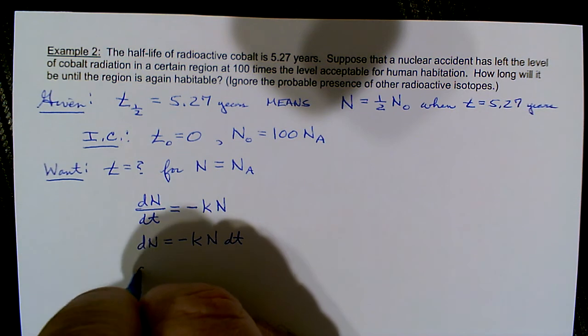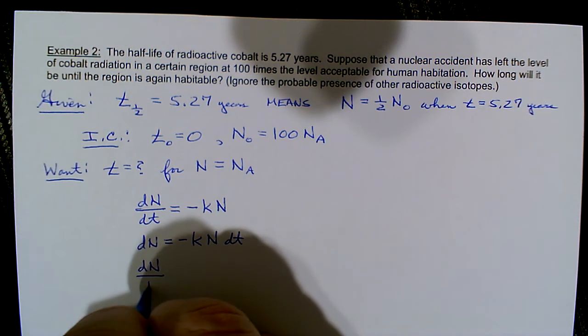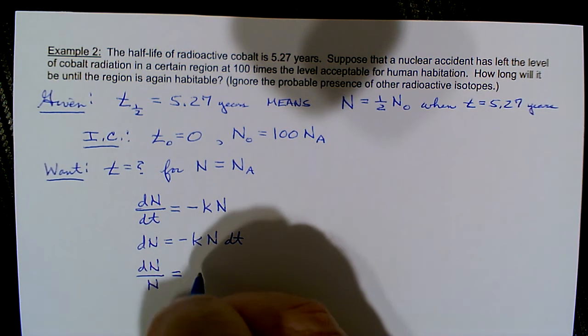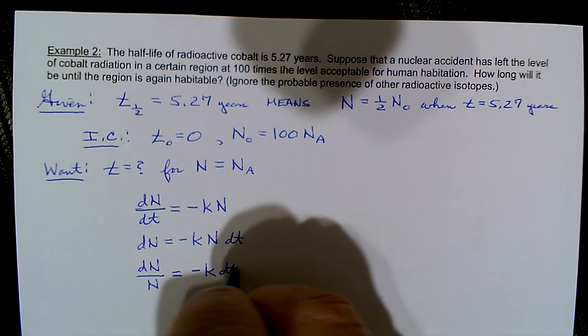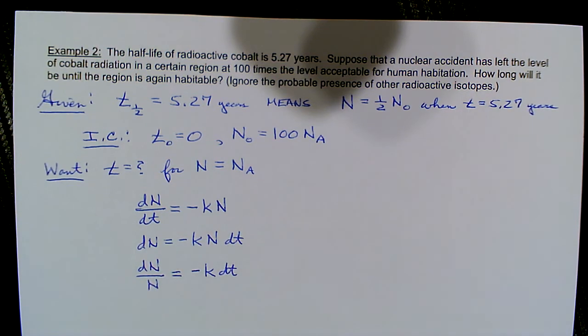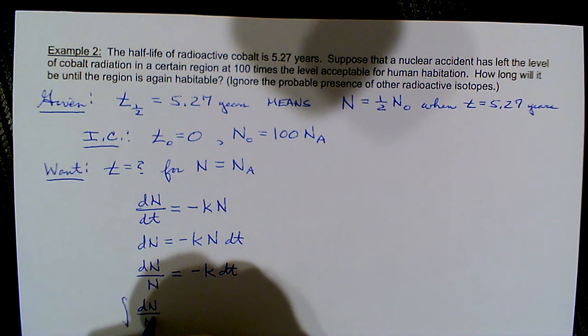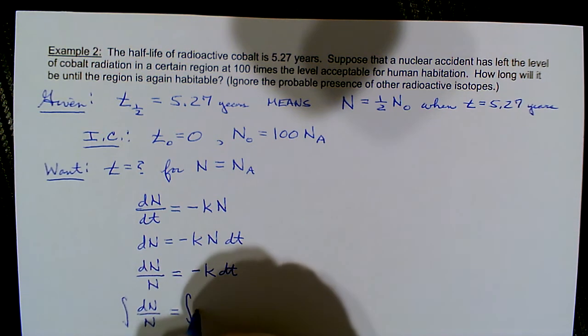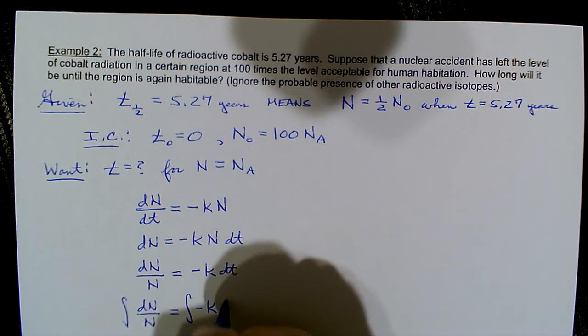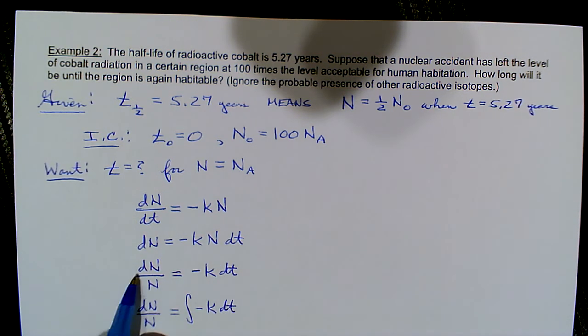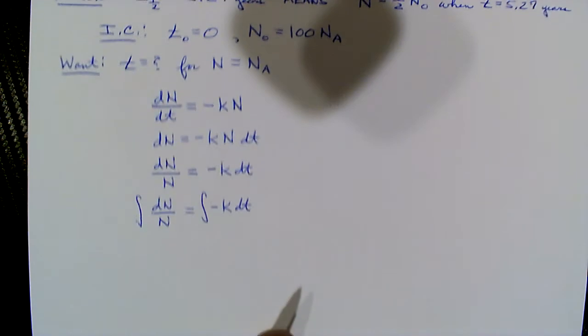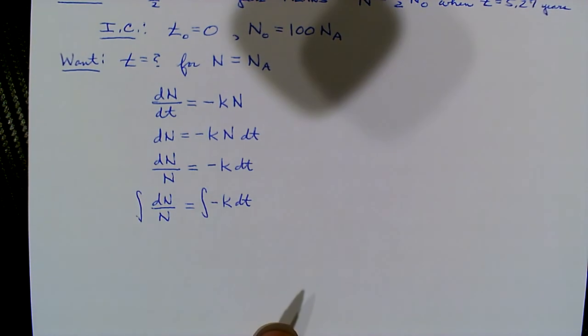Divide by n. So dn over n is minus k times dt. We'll integrate both sides. You could have jumped in and put the integral symbol in that step, but I took an extra step to show it.